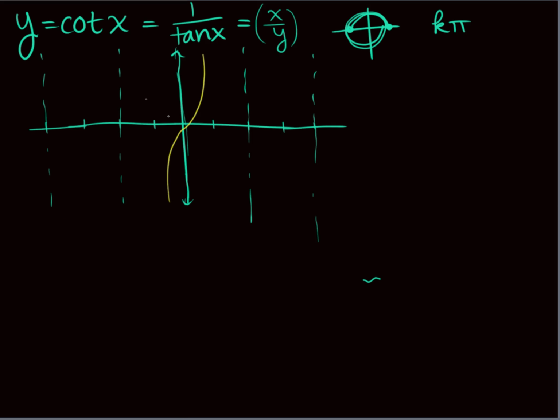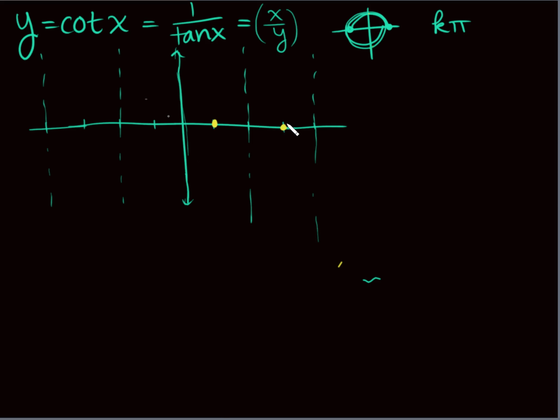So cotangent is going to look similar to that. It's just going to go the opposite direction. Okay, let me make sure I get this the right way. So cotangent, when is x 0 and y isn't 0? That's on the y-axis, right? So at pi over 2, it's actually going to be at 0.